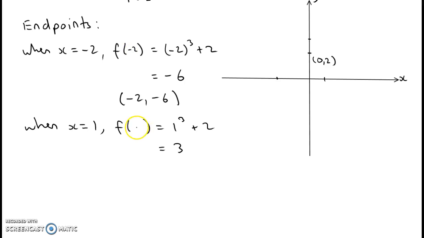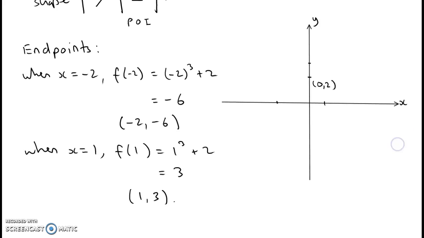So f of minus 2 and f of 1. So we've got another endpoint at 1, 3. Alrighty, let's mark them on here. We've got 1, 3 over here. That's an endpoint. And the other endpoint was minus 2 over here down to minus 6 down there.